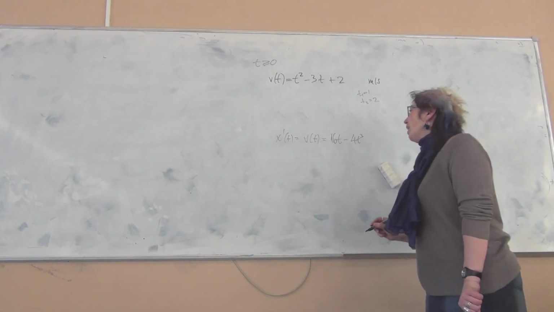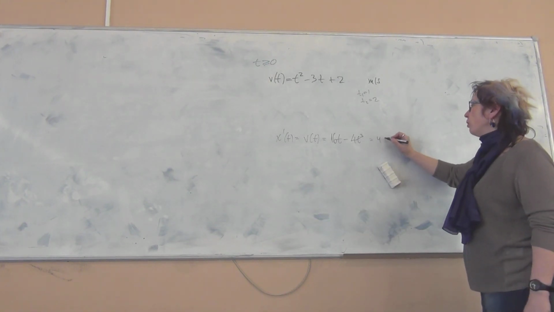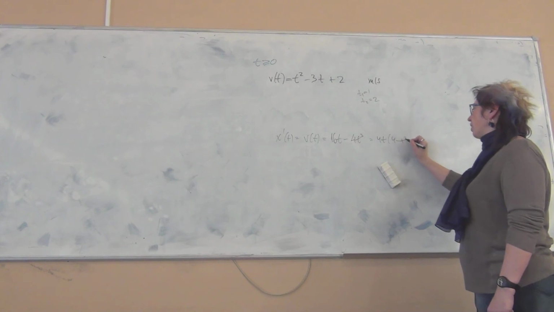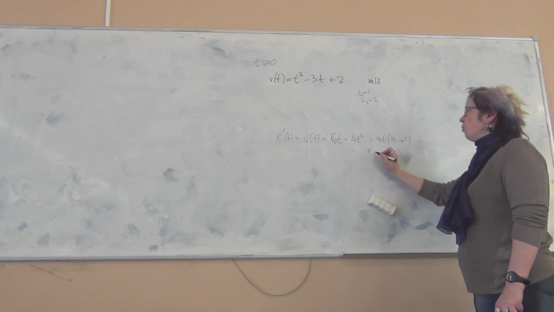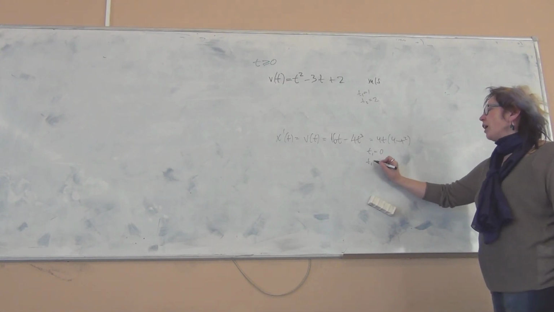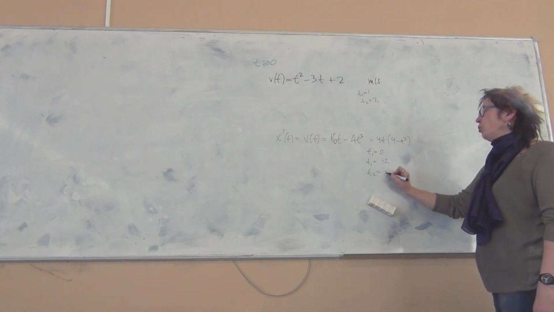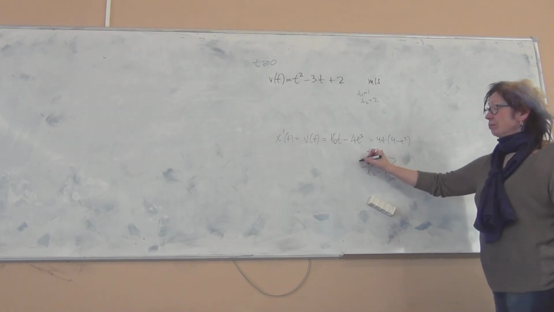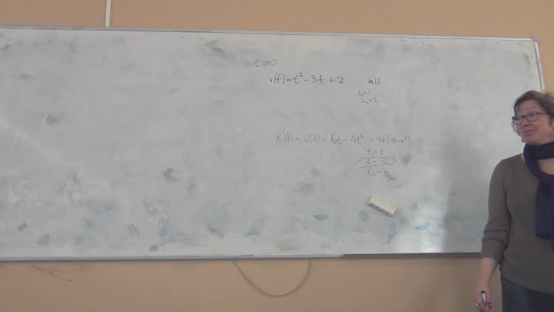To find the zero moments, we would need 4t times (4 minus t squared). So we have zero velocity at time moment 0, at time moment minus 2, and at time moment 2. The minus 2 can be discarded because we don't deal with negative time.